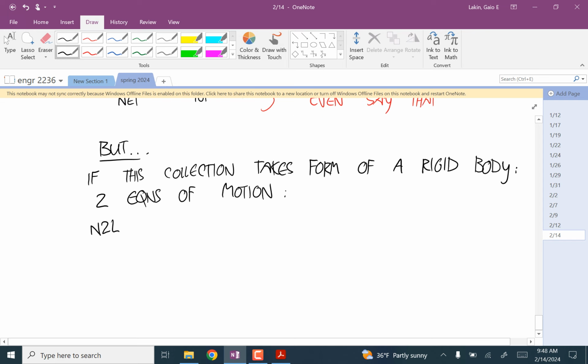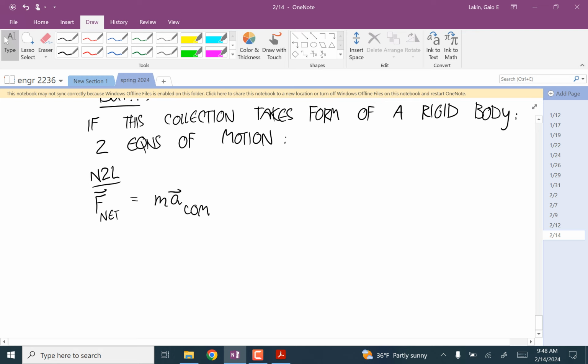Newton's second law holds. So F net is equal to the mass times the acceleration of the body's center of mass. And the moment equation we can talk about now. I'm going to call this rotational Newton's second law, but this is the moment equation.